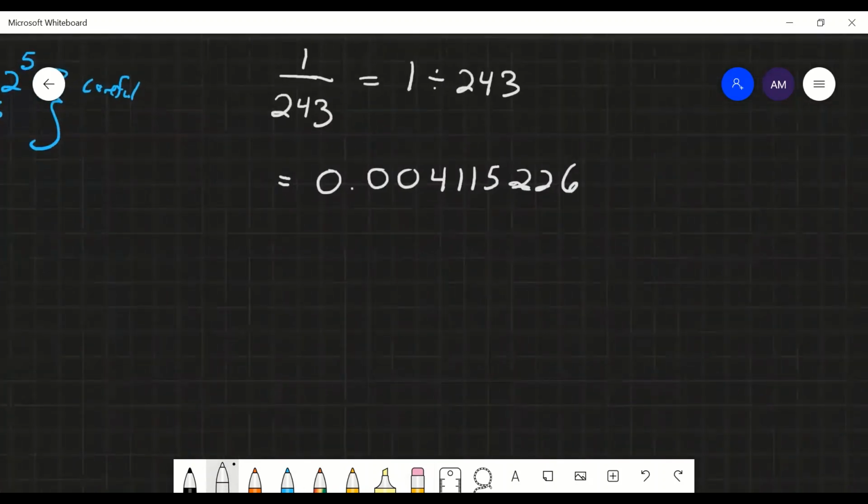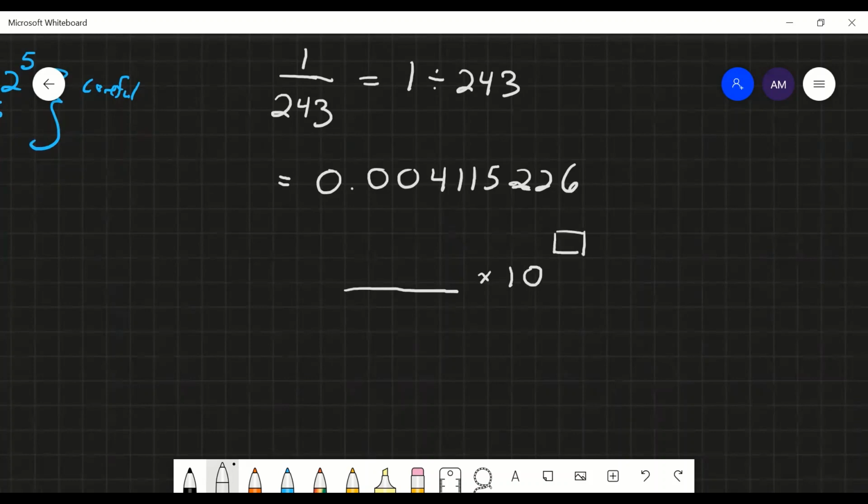Scientific notation requires us to have some number times 10 to the power of some number. So the question is, what do I put in those two boxes? Well, let's look at the first digit that's not 0, so this 4 right here.